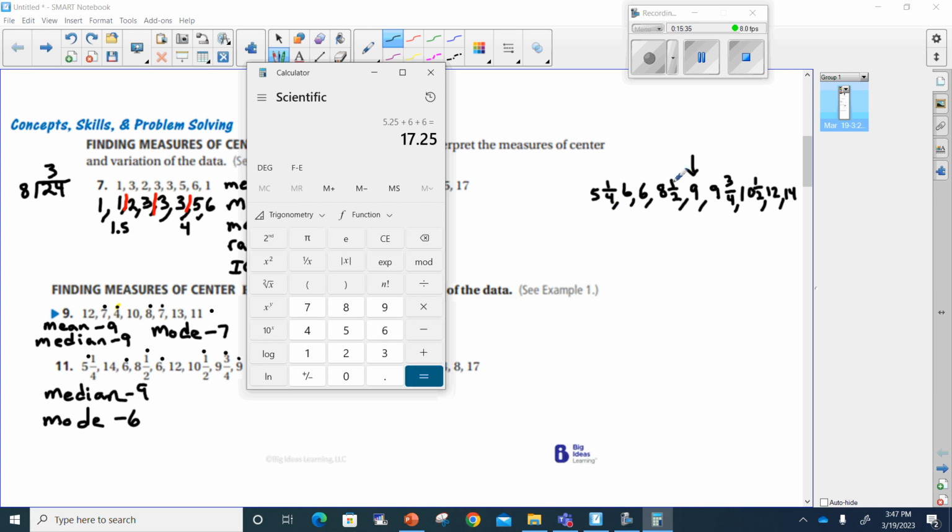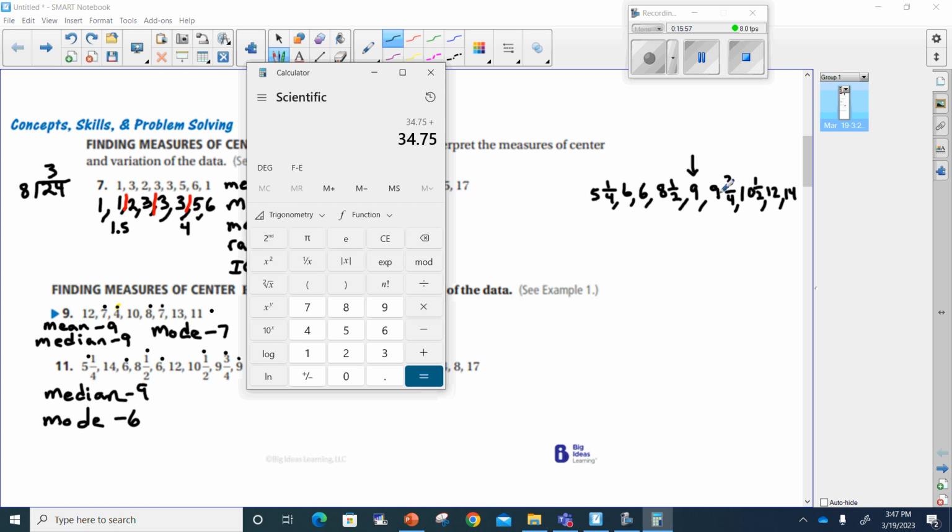Now I'm going to add 8.5. 8.5 I know is really just 8.5. And I'm going to add that to 9.